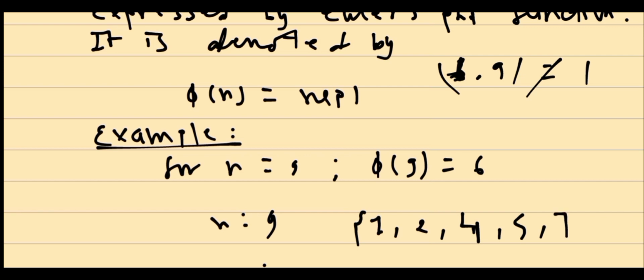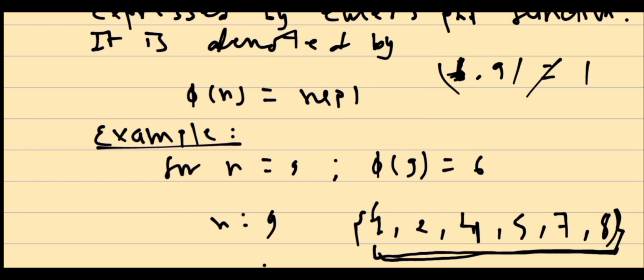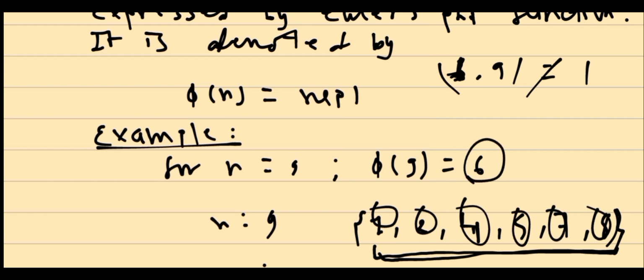But 7 is relatively prime, and 8 is also prime. Okay, so the numbers relatively prime to 9 are 1, 2, 4, 5, 7, 8. Therefore we write here 6.